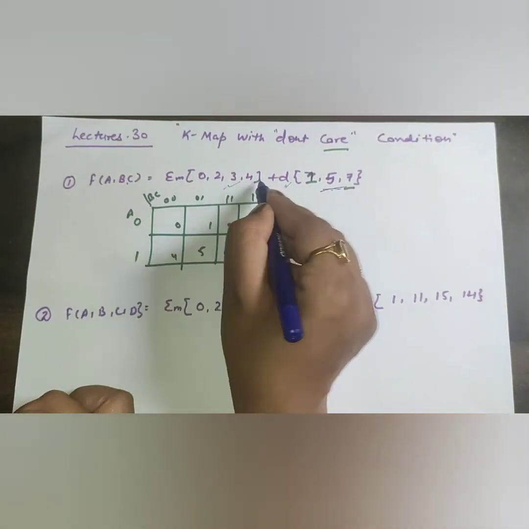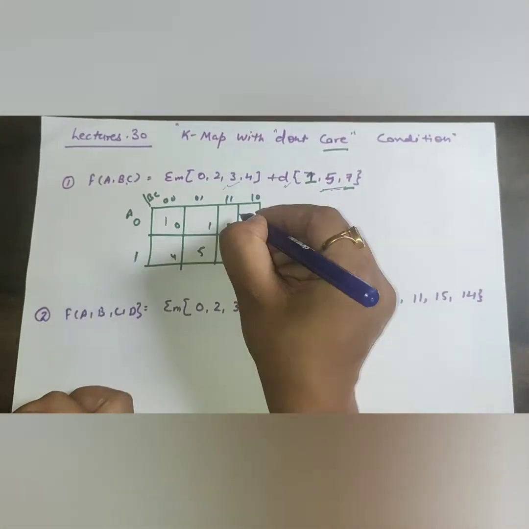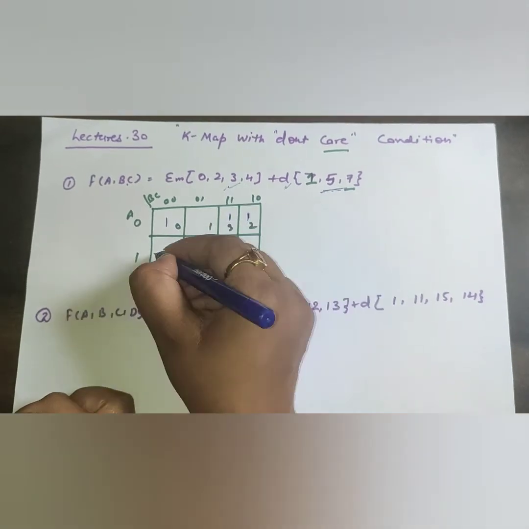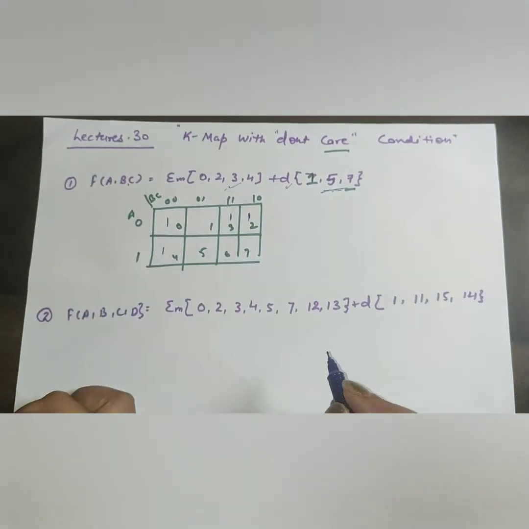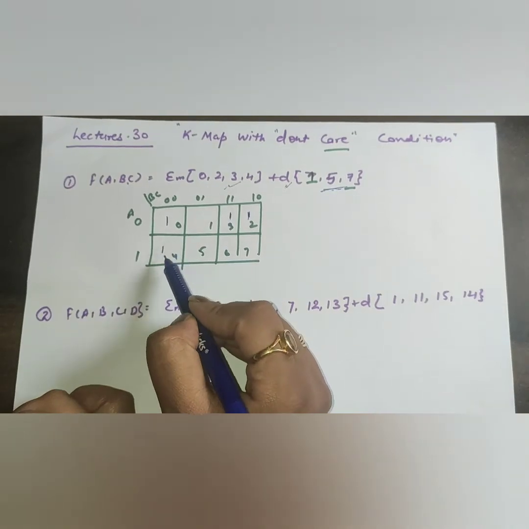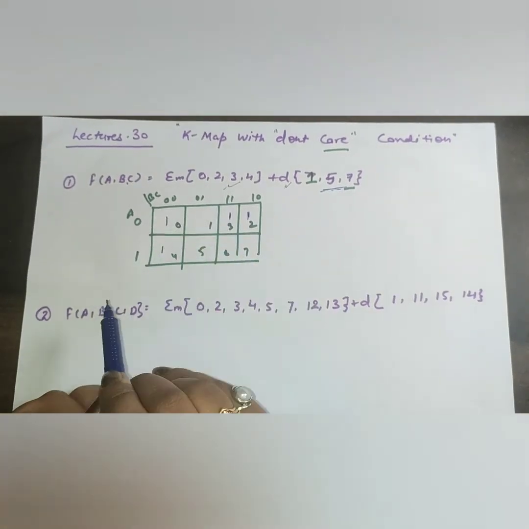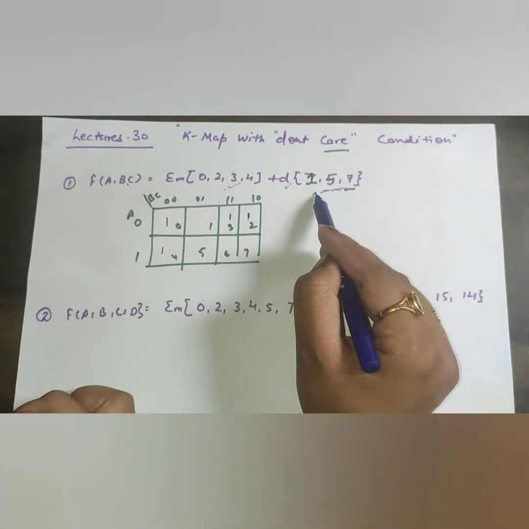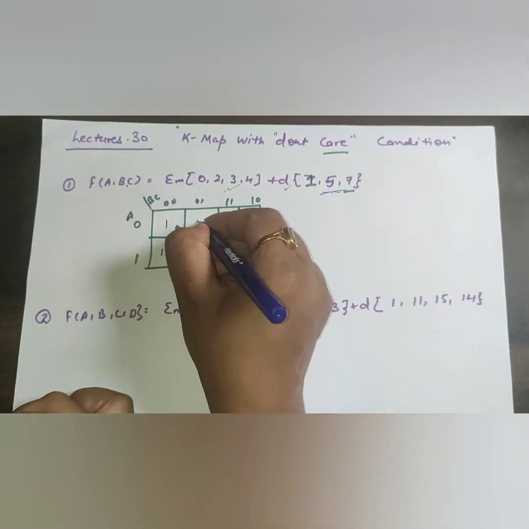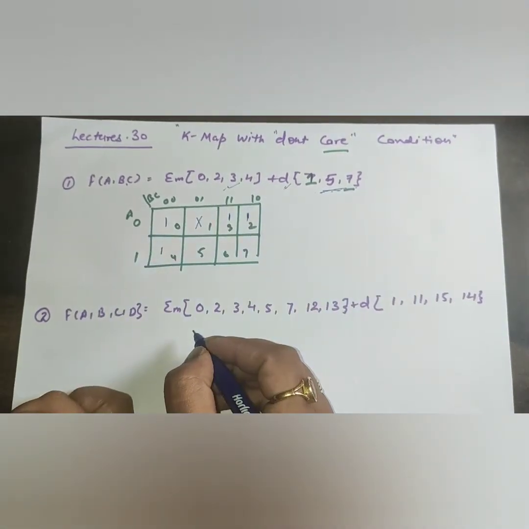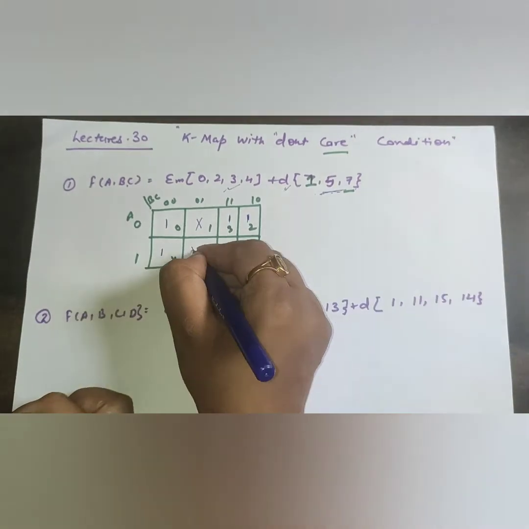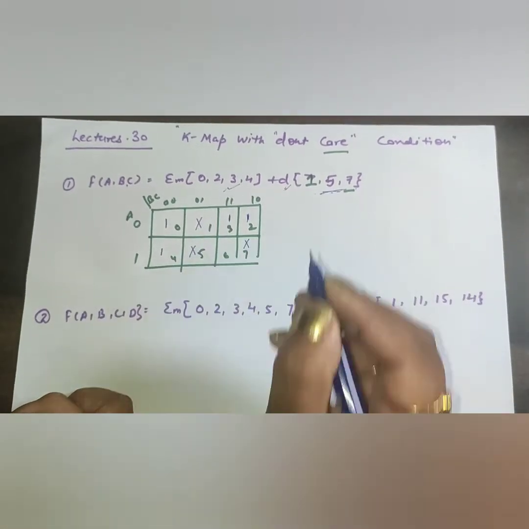First we will write this 1, 2, 3 and 4. So you can check if we make the grouping this and this, and if we have these conditions also. So the first don't care is 1, the second don't care is 5 and another don't care is 7.